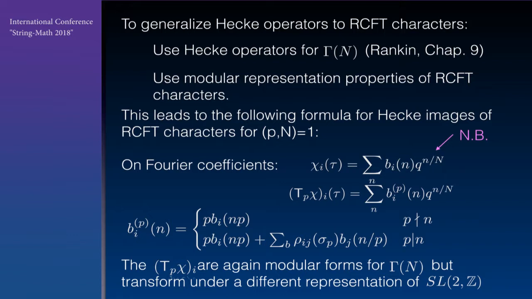It's diagonal when p does not divide n, but when p does divide n, there's an additional piece which involves the representation of the modular group evaluated on a certain matrix, which I have to define for you. You can prove that with this formula, the Hecke images are again component by component modular forms for gamma N, but they now transform according to a new representation of the modular group.